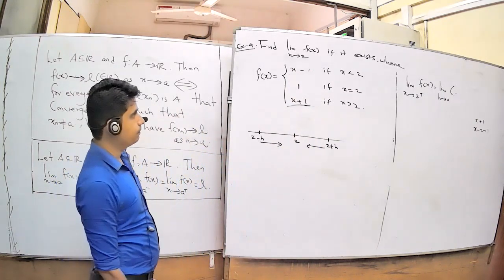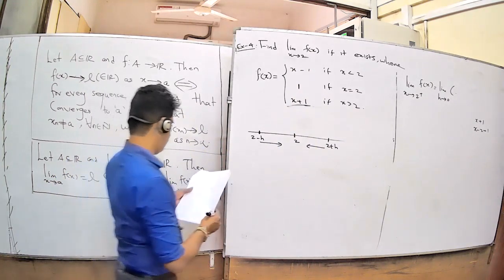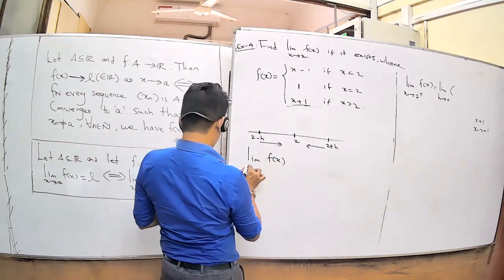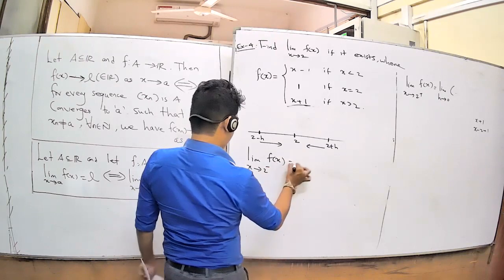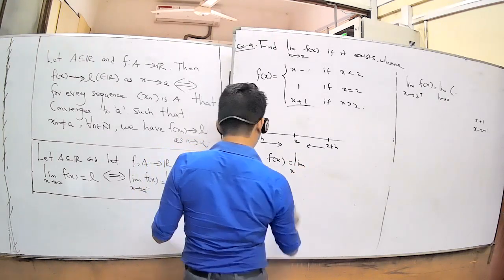Okay, now limit of f of x as x tends to 2 minus. How can you find this limit?